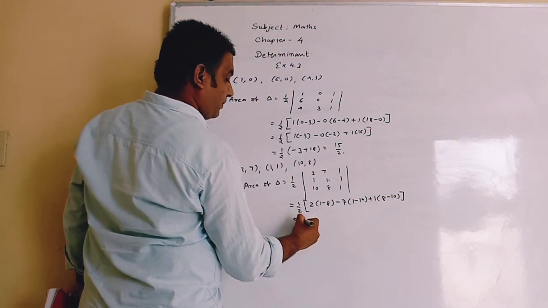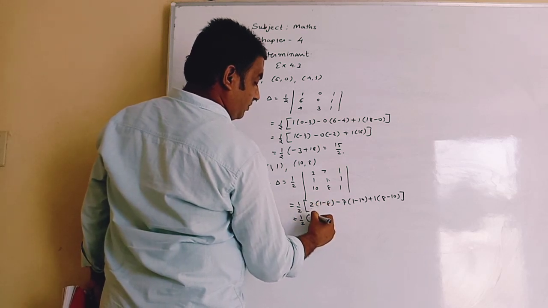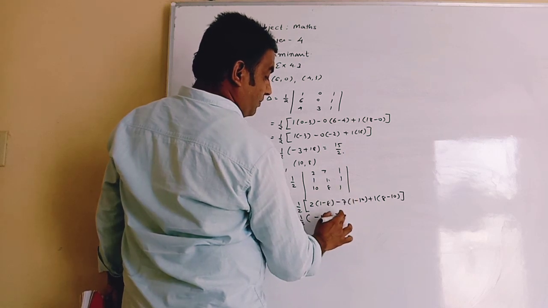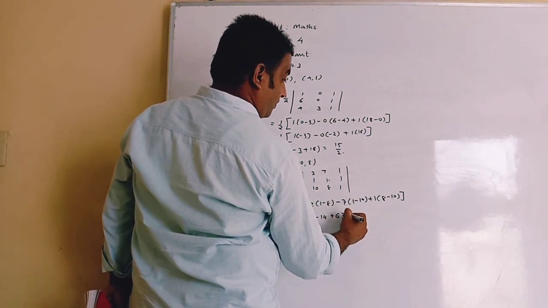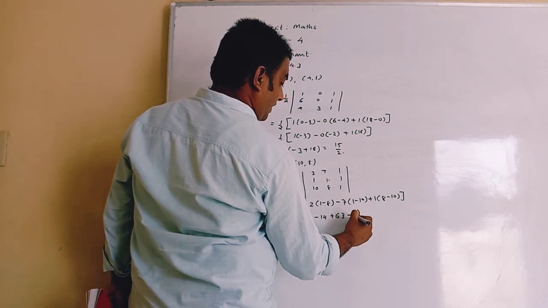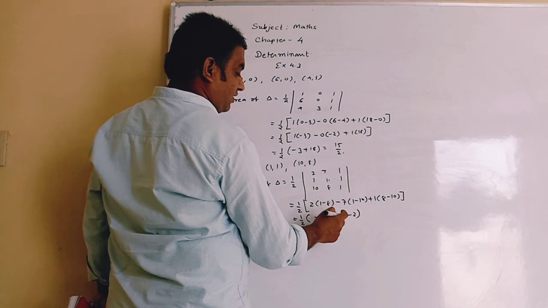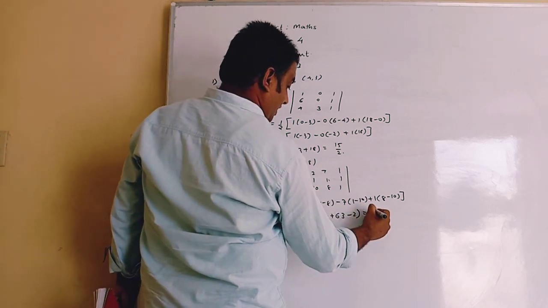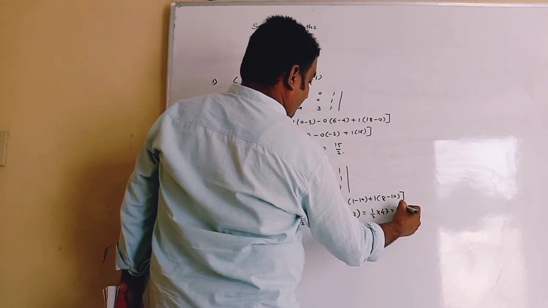So it will be 1 by 2 [2 into minus 7, that is minus 14, minus 7 into minus 9, that will be plus 63, and plus 1 into minus 2, that is minus 2]. So 63 minus 2 is 61, 61 minus 14 is 47, and so 1 by 2 into 47, that is 47 by 2.